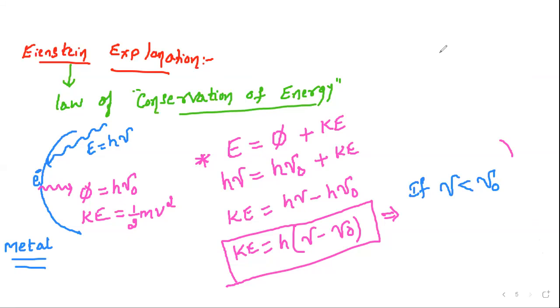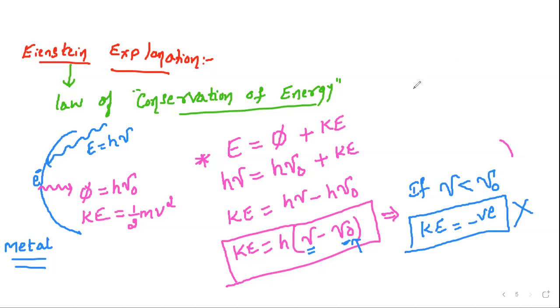What will be the kinetic energy? Will it be positive or negative? If this frequency is less and this nu naught is more, the kinetic energy will be negative, no? But this negative kinetic energy can't be possible.